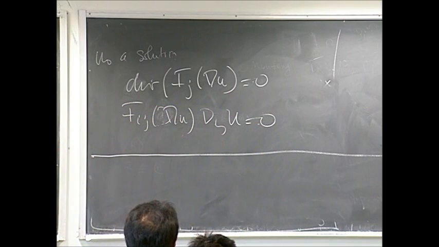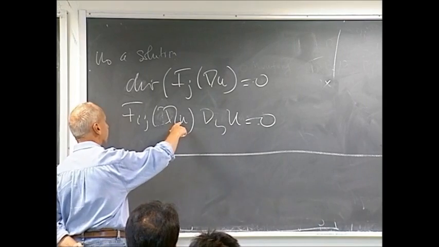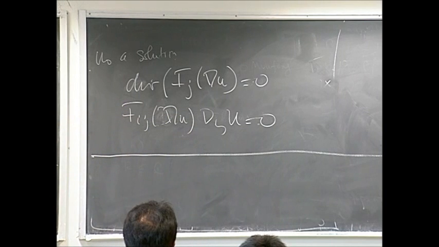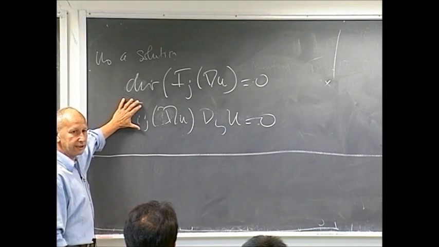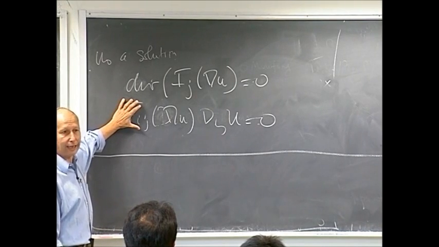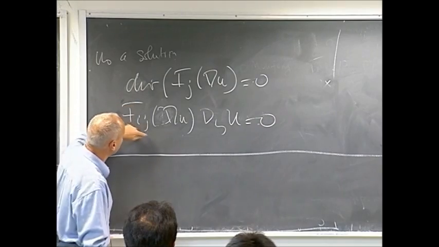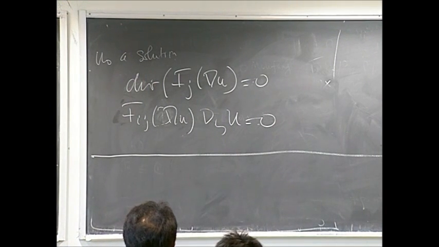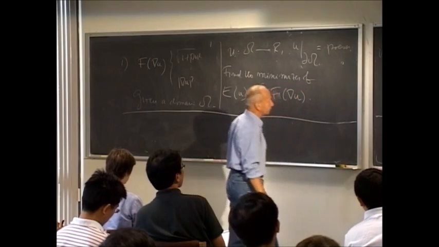So at least formally, if you manage to prove that the gradient of u is Hölder continuous, then you are done, because you can use the linear theory, the Schauder estimates, and then you can go for as much regularity as you want. Let me also recall that for this equation to really live in the elliptic regularity theory, you need this to be a positive matrix. That is the standard hypothesis in the calculus of variations, that F is strictly convex.